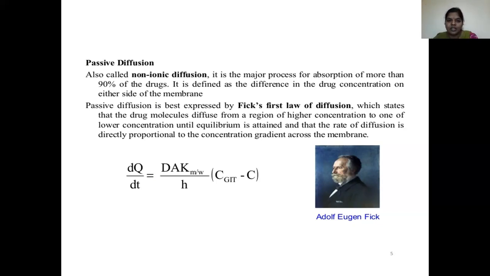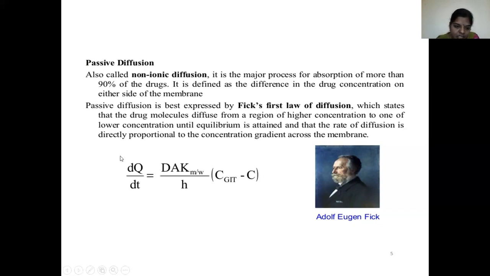The drug diffuses from high concentration to low concentration until it reaches equilibrium. That is nothing but your passive diffusion. Then dQ/dt is the equation. dQ/dt is the rate of diffusion: dQ/dt = D A Km/w / h (C_GIT - C_p).